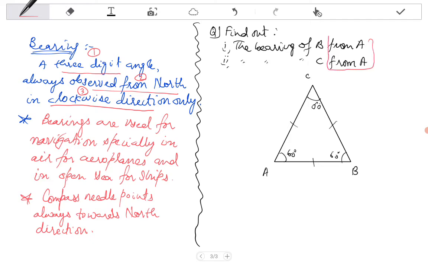This is the reference point where we are going to observe the bearings of B and C from.